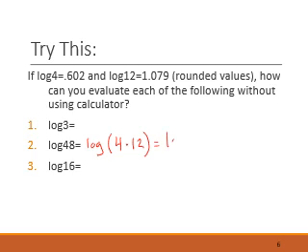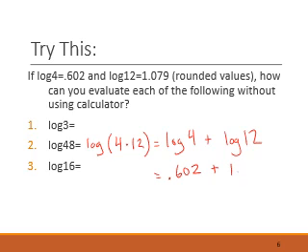So according to my log properties, this is the log of 4 plus the log of 12, which means it must be 0.602 plus 1.079. And so the common log of 48 is 1.681. And again, I invite you to use a calculator and check that answer.